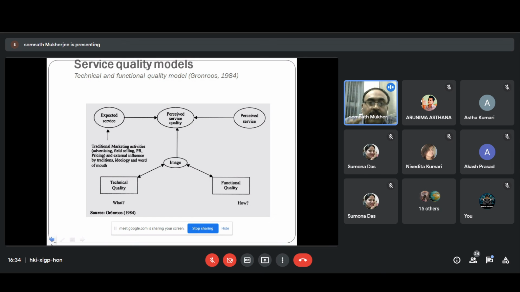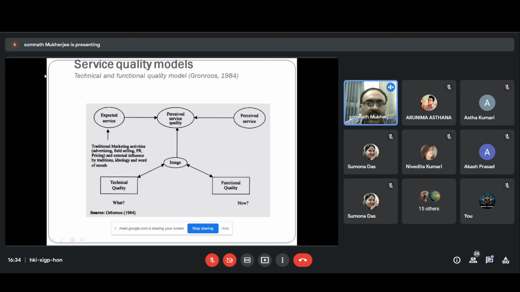They really borrowed it from, or rather, this is something which again was forwarded. Simultaneously, many people were working with this. It's expected and perceived service. Technical quality, functional quality contributes to the image formation. Image formation leads to perceived service quality. And there are two other elements that go on to influence it.